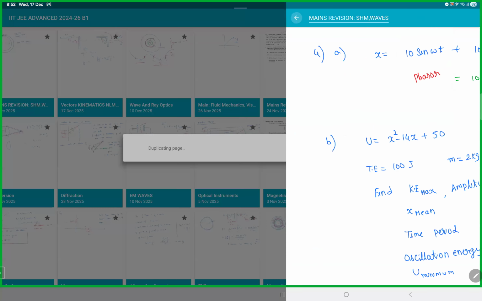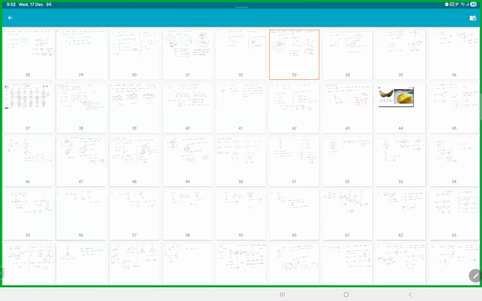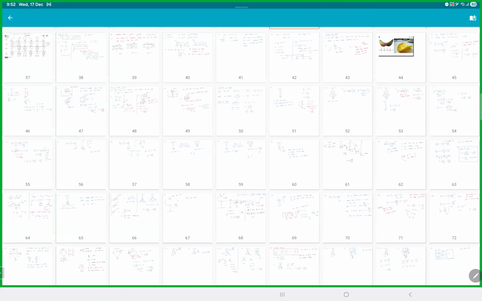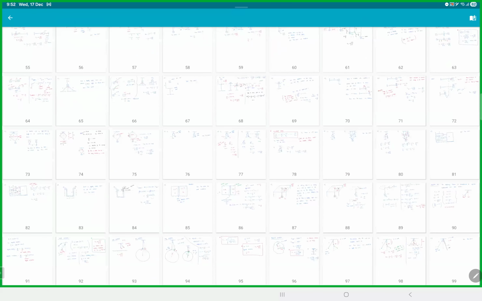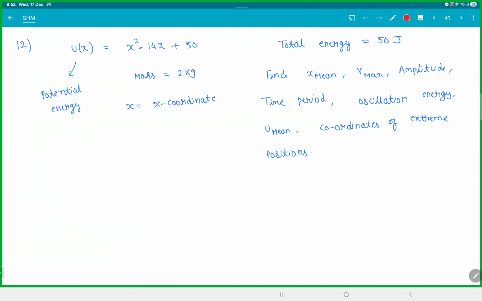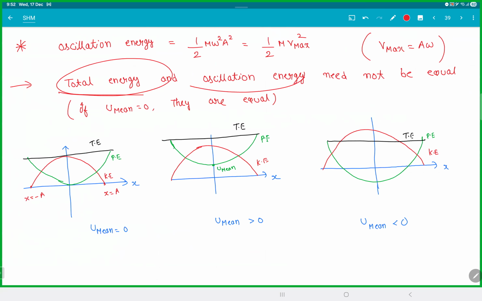In case you forgot, you should definitely check out the SHM thing. That was a very good discussion. And they do ask, even at advanced May, you get pretty good questions on that. People do goof up. Here, we wrote the statement: total energy and oscillation energy need not be equal. The graphs also will change.